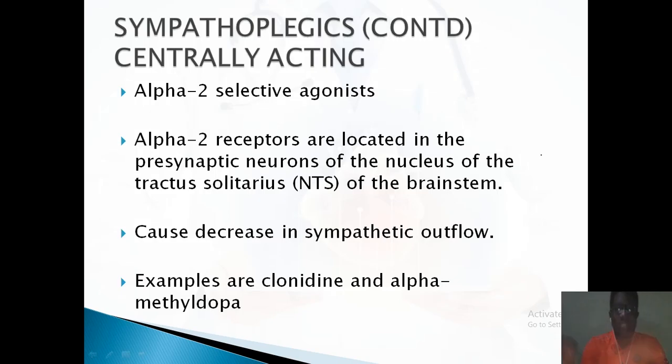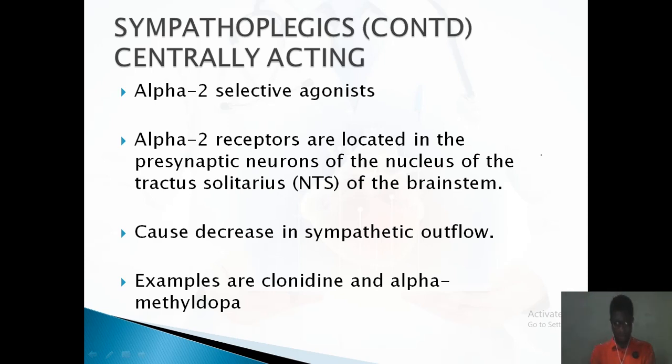Okay, next. Now we are going to be looking at the centrally acting sympathoplegics. They are alpha-2 selective agonists. These alpha-2 receptors are located in the presynaptic neurons of the nucleus of the tractus solitarius of the brainstem. So I told you they act centrally from that previous slide.